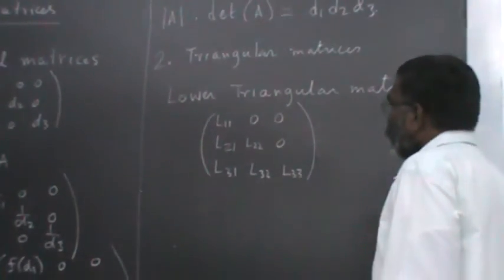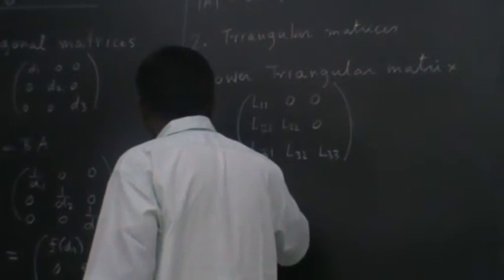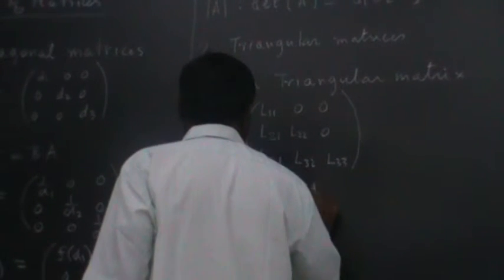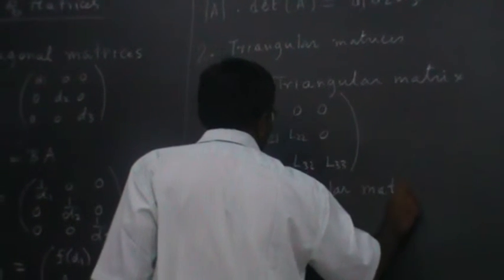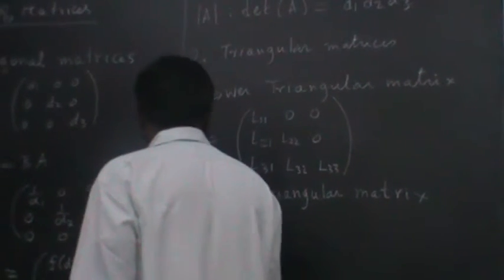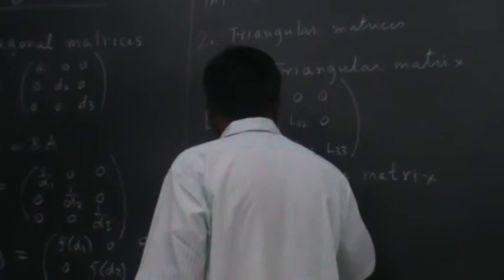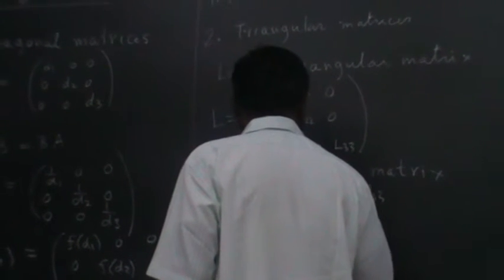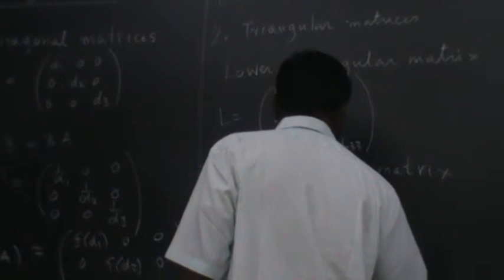This is a lower triangular matrix. You can also talk about an upper triangular matrix, written as U11, U12, U13; 0, U22, U23; 0, 0, U33.